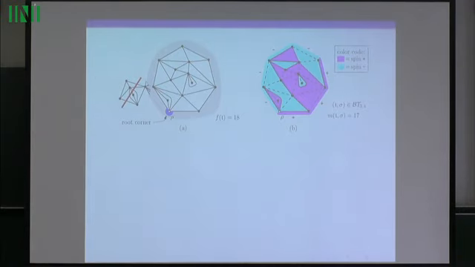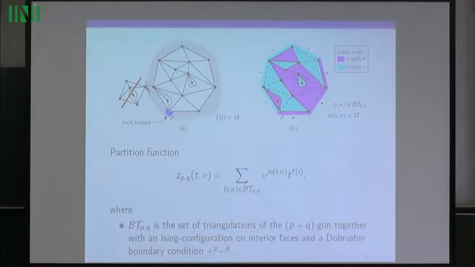Okay? And then we can define a partition function of this model. We fix the numbers p and q, which are now the boundary lengths, and then we sum over all the Ising triangulations of this (p+q)-gon with the Dobrushin boundary condition of type p plus, q minus.